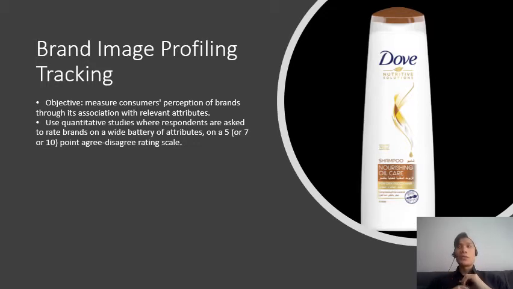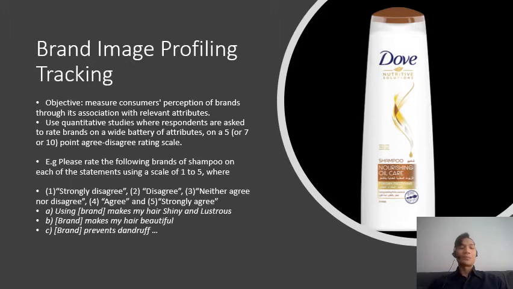Sometimes we have to use quantitative studies where the respondents are asked to rate brands on a wide variety of battery of attributes. It could be how does the brand make you feel, or how is the brand perceived as well. And we use what we call a Likert scale to do the rating. It could be a 5-point, 7-point, or even a 10-point agree to disagree rating scale.